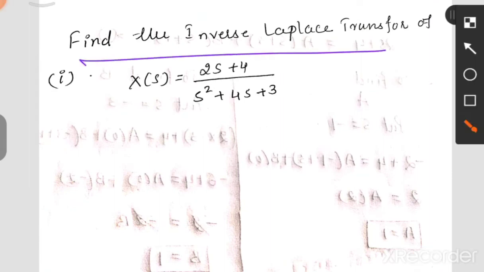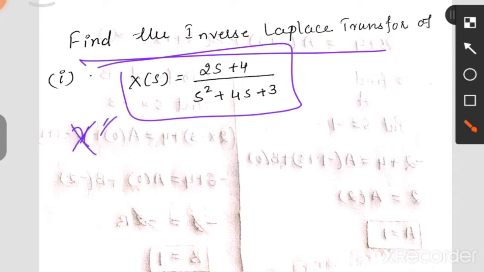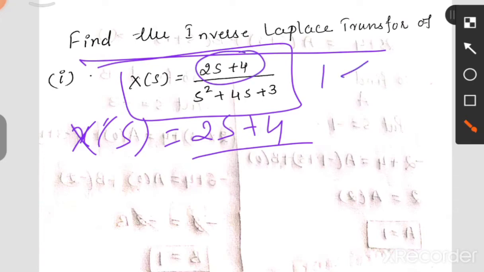First example, find the inverse Laplace transformation of X of s, which is equal to 2s plus 4 divided by s square plus 4s plus 3. Okay, to do this, X of s is equal to 2s plus 4 over s square plus 4s plus 3, and check the first condition: the degree of the numerator is 1. Is this less than the degree of the denominator?